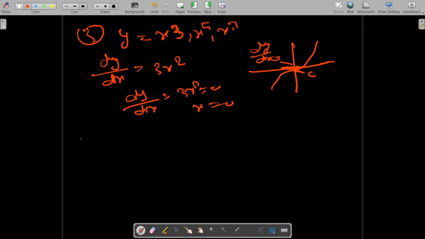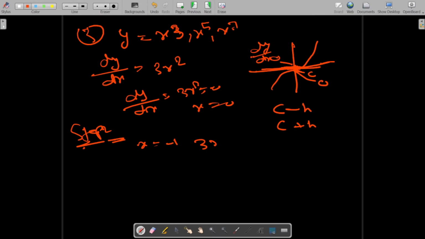So let's check step 2. Any point just before, c minus h, and c plus h, this side and this side. As we know this is 0, let's put x equals minus 1. So 3x square, 3 times minus 1 square, is nothing but 3 cross 1 equals 3. This is greater than 0.